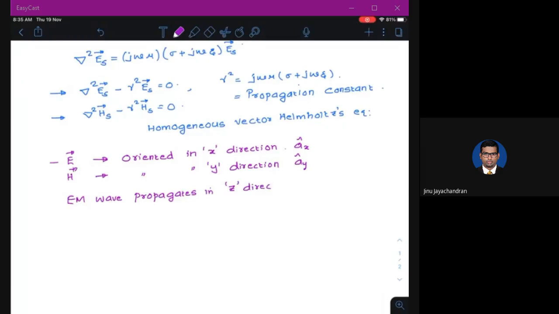So all these are positive directions. The next assumption that we are going to make is that electric field variation is only along z.